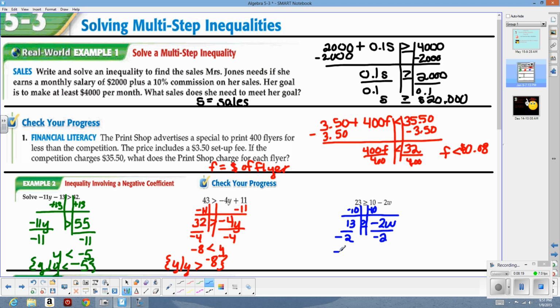We end up with negative 6.5. We have to flip the symbol, so it's going to be a less than or equal to w. We flipped it because we divided by a negative. Now to write our final answer, all real numbers w such that w is greater than or equal to negative 6.5.